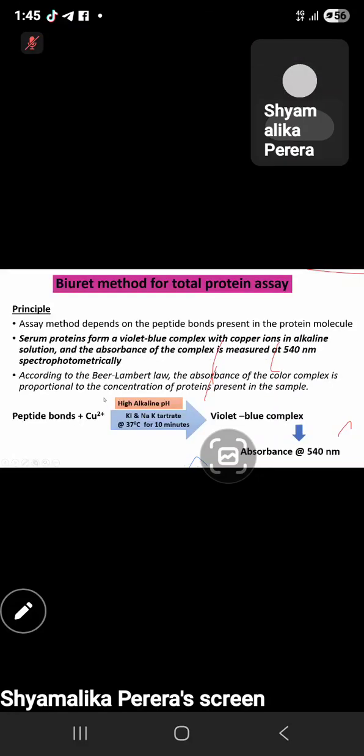So the biuret method, the principle is based on the peptide bonds, as you can remember. Serum proteins form a violet-blue complex with copper ions in alkaline solution, and the absorbance of this complex is measured at 540 nanometer. That means if your sample has peptide bonds, that means a protein molecule. A peptide bond is a bond between two amino acids.